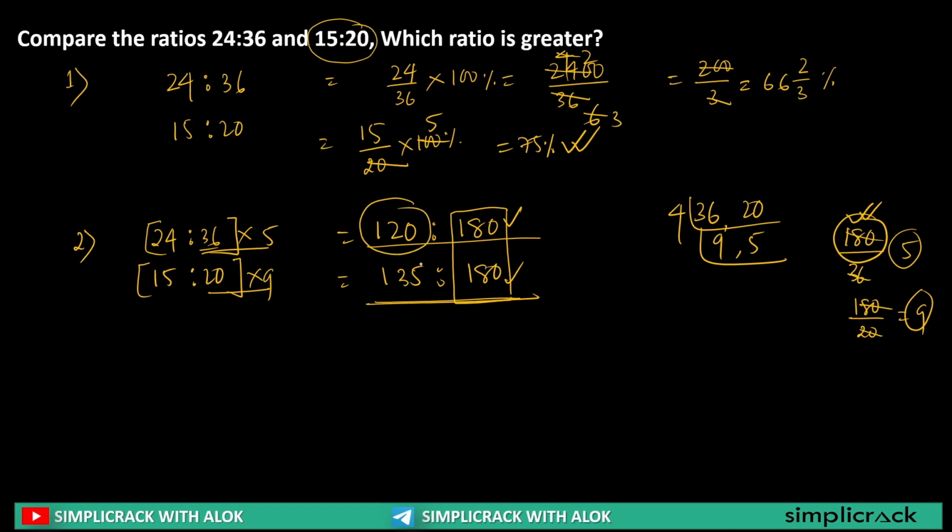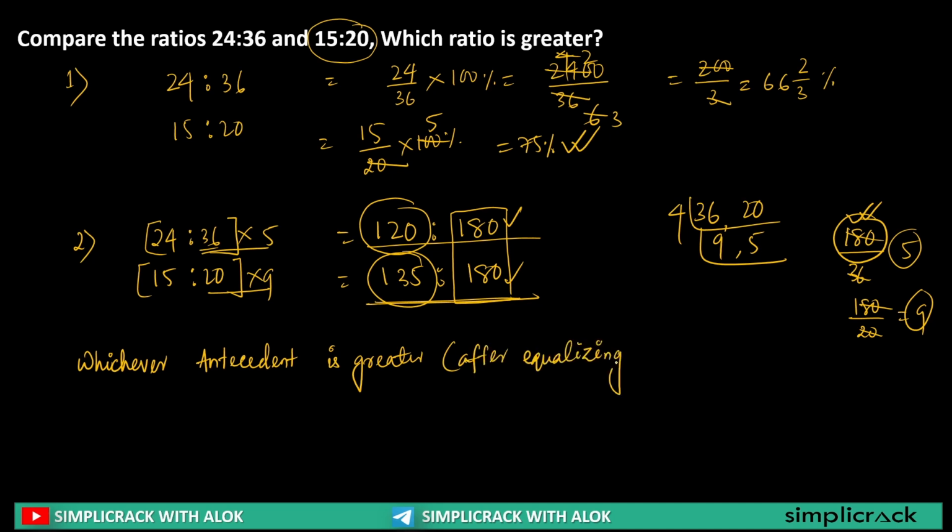So whichever antecedent is greater after equalizing the consequents, that ratio will be greater. Okay, so this is the thing you need to understand.